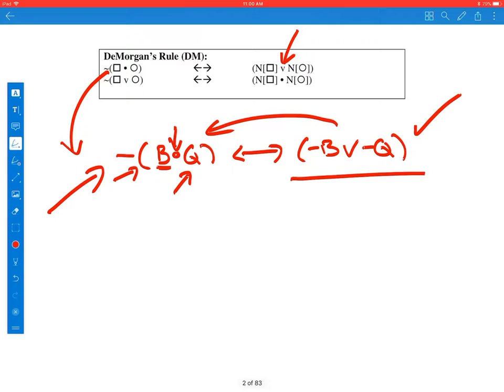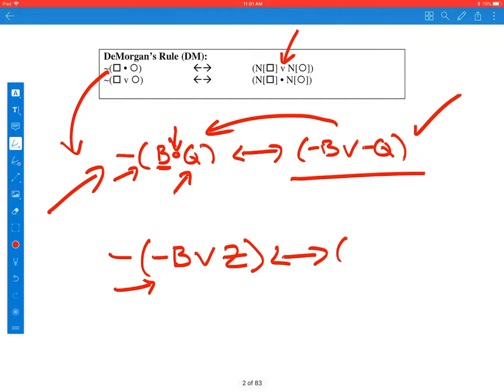Okay. So we can apply De Morgan's to a negated conjunction. We can also apply De Morgan's to a negated disjunction. And let me make this one a little bit more complicated: not (not B or Z), and we're going to apply De Morgan's to it. So we're going to push the negation through the bracket, as it were.